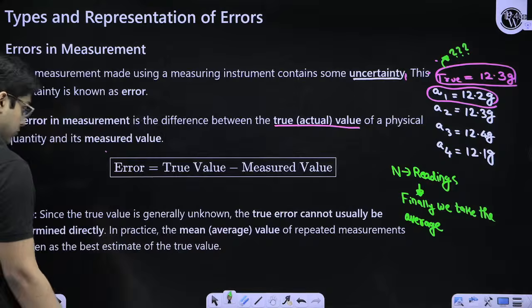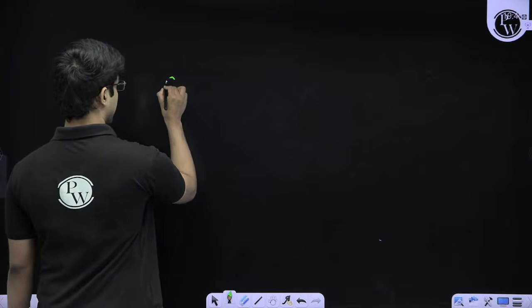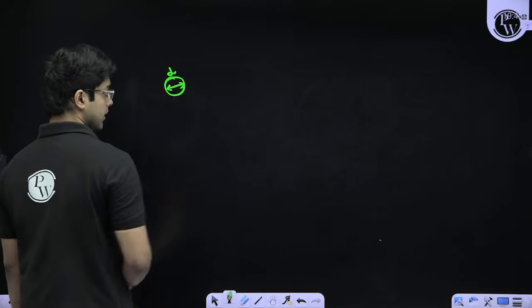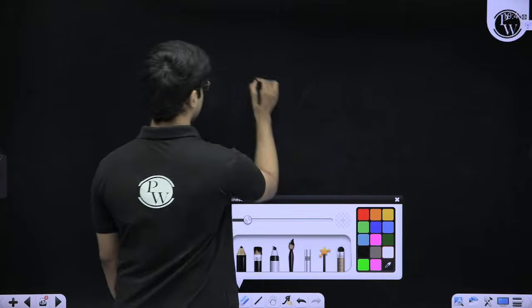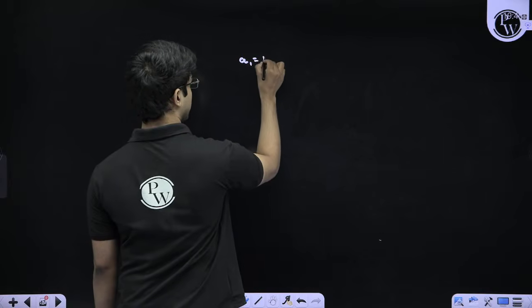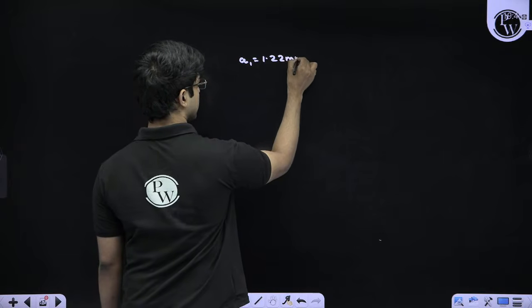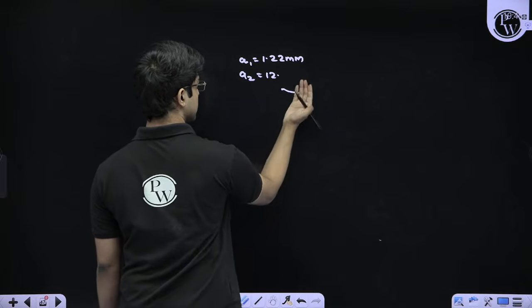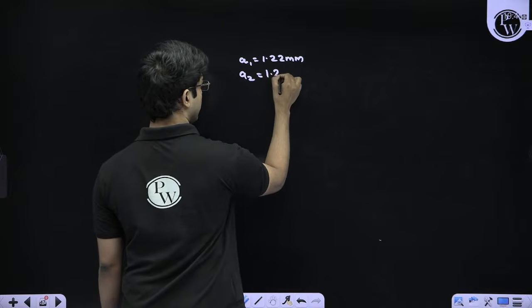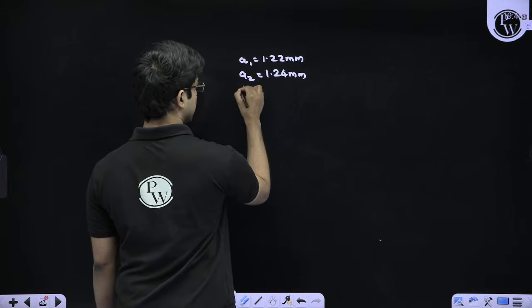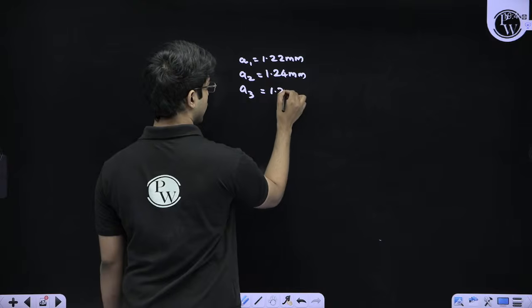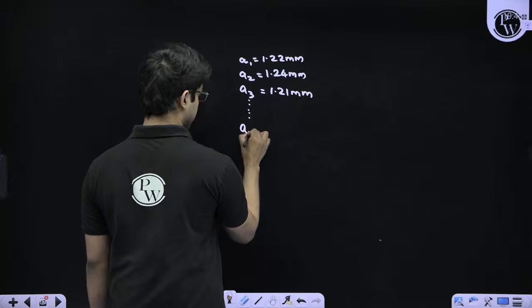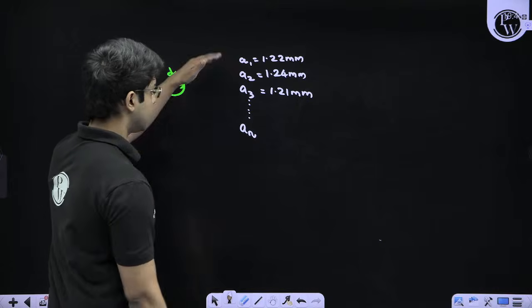An example for that is, let's say we are measuring the diameter of a spherical ball. In the first reading, it came out as 1.22 mm. In the second reading, it came out as 1.24 mm. In the third reading, it came out as 1.21 mm. And let's say we are taking n such readings, whatever that number n may be.